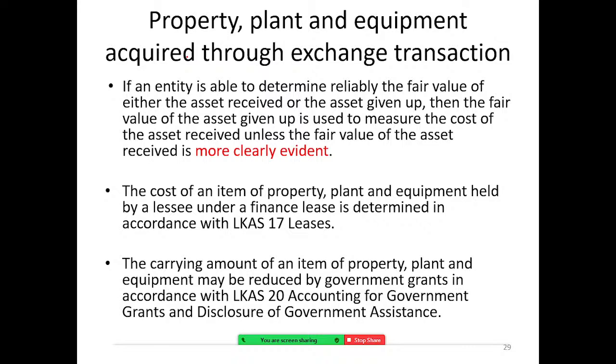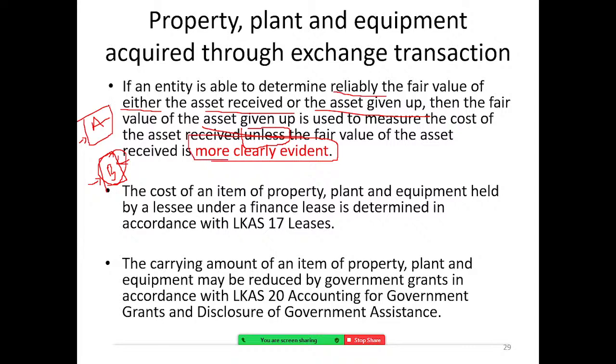If an entity is able to determine reliably the fair value of either the asset received, asset A, the new asset, or asset B, unless the fair value of the asset received is more clearly evident.